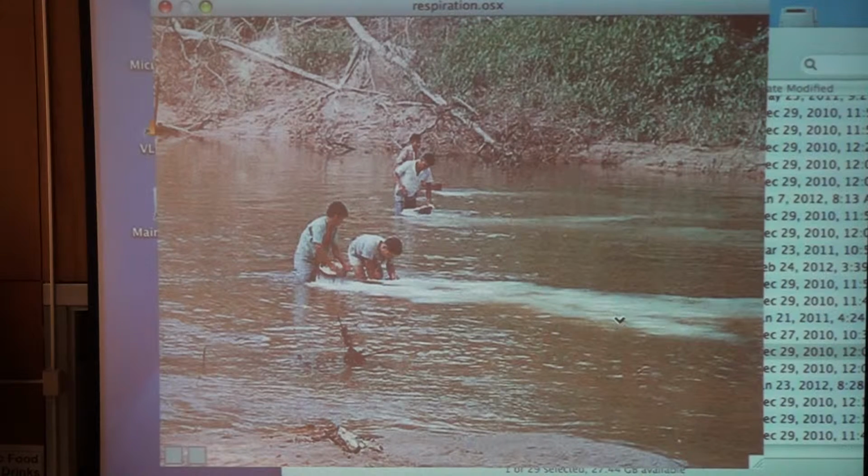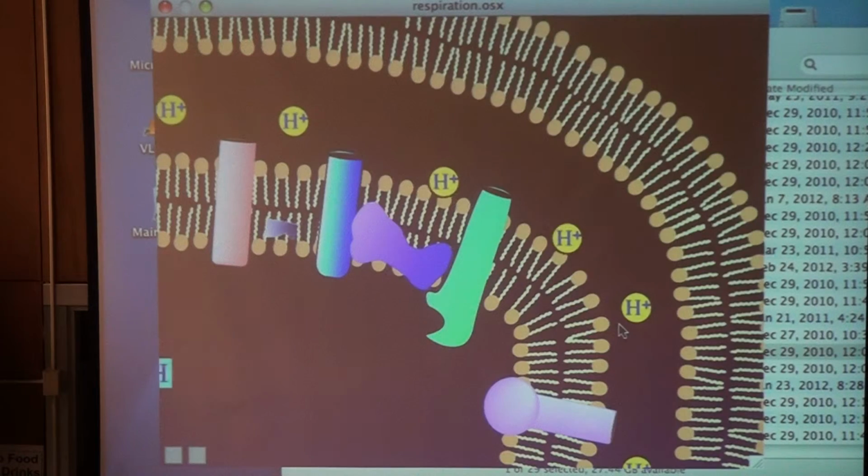And when eventually some of these European scientists took these roots back and analyzed what exactly in the roots was stunning the fish, it was a molecule named rotenone. And rotenone, they eventually found out, does this.